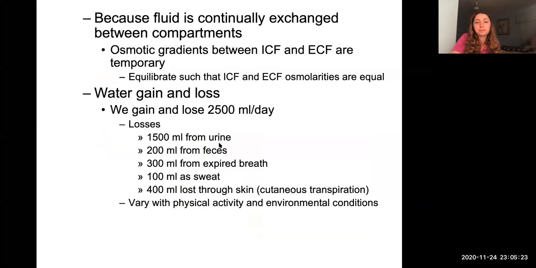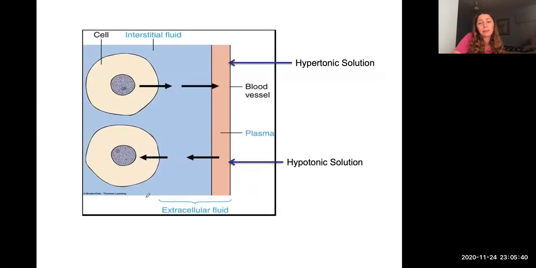She didn't really talk about this today. She just said that we gain and lose water every day, and it basically depends on your environment and your physical activity. That's the biggest thing.